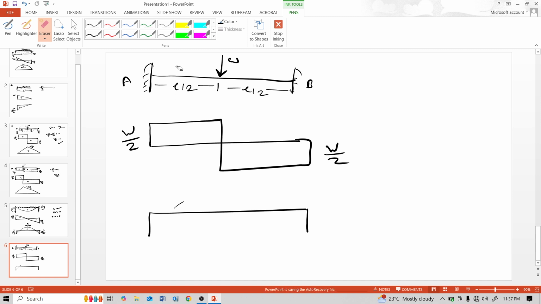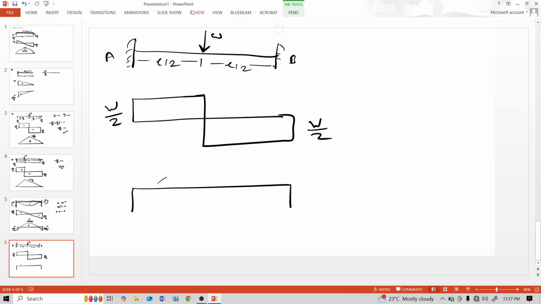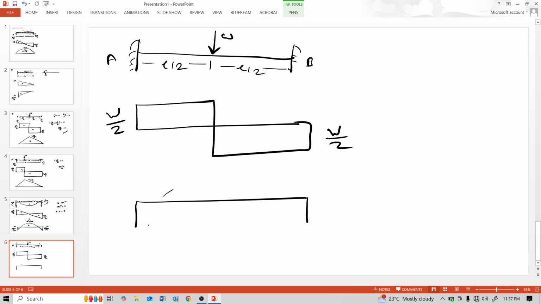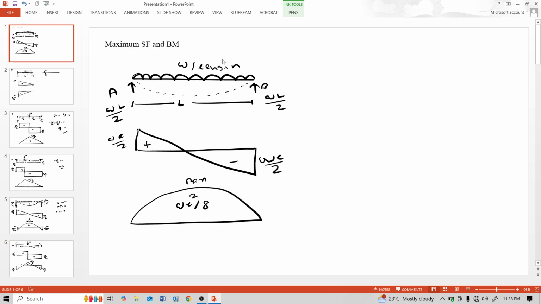This is a straight line because there is no UDL acting on this beam. This is negative hogging bending moment. This is positive sagging bending moment. WL by 8 and WL by 8, and here also WL by 8, positive, negative.